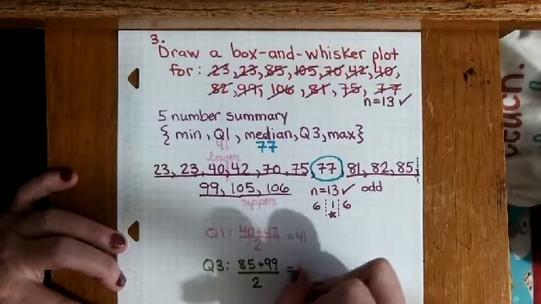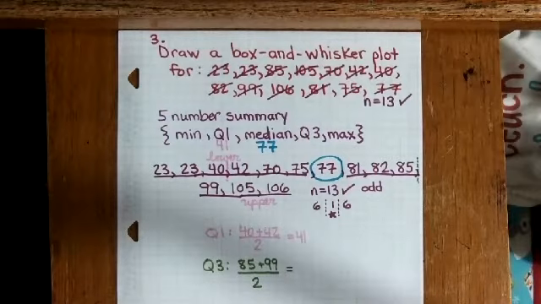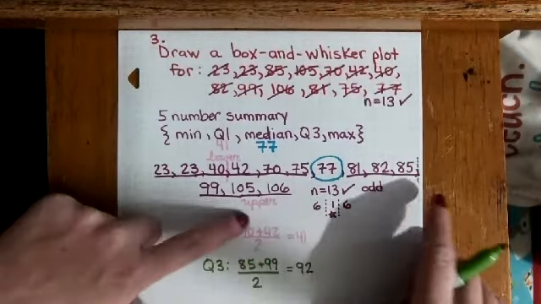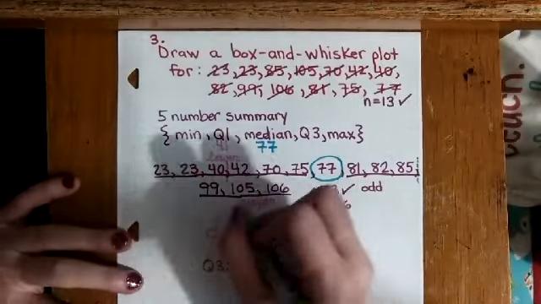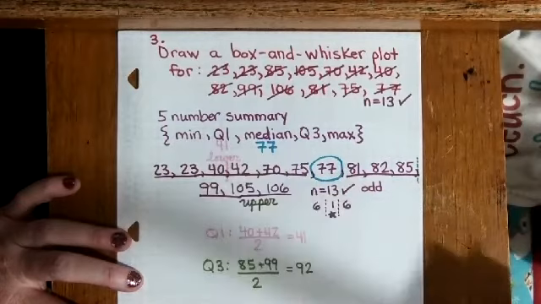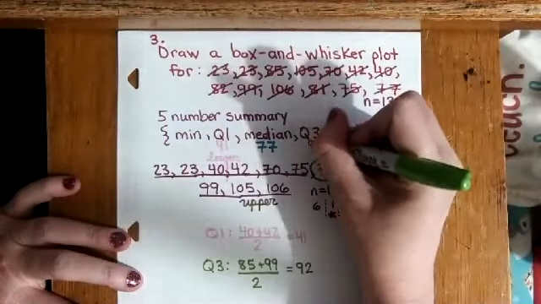If we average that value, then we get a 92 for the median of the upper list. That was a 92.